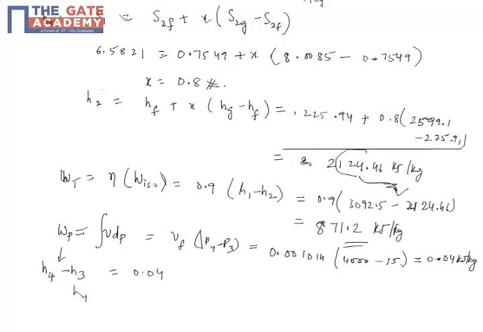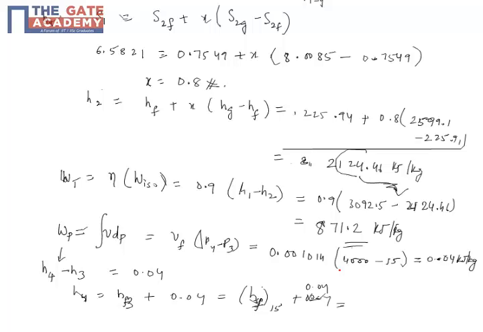Let's calculate H4. H4 is H3 plus 0.04, and H3 is nothing but HF at 15 kPa, which is 225.94.